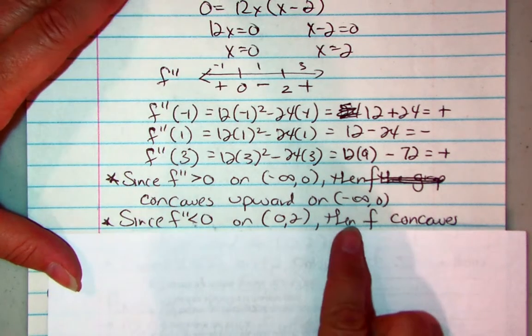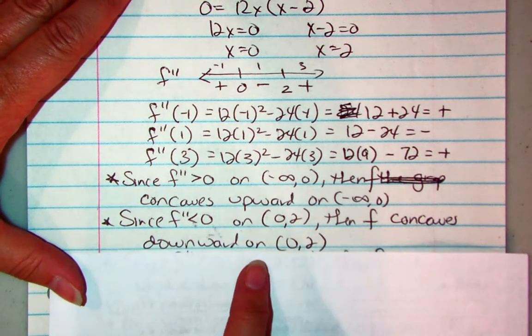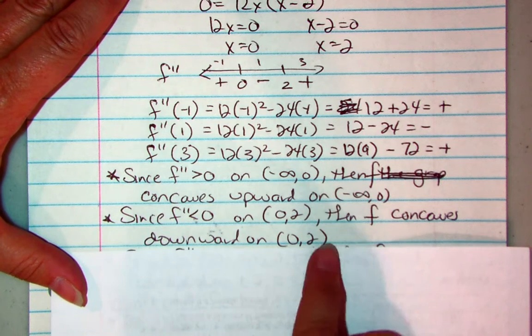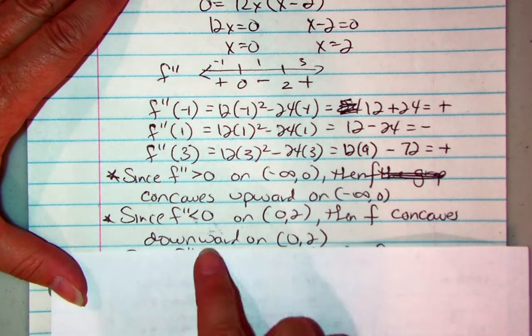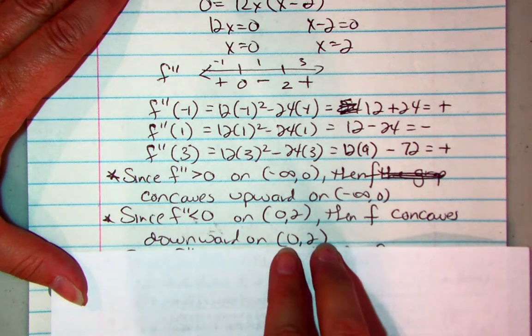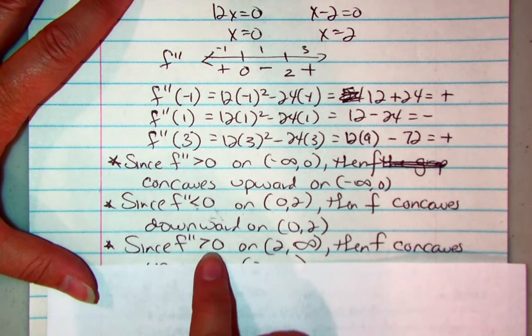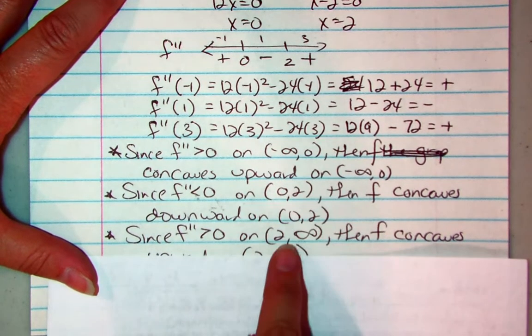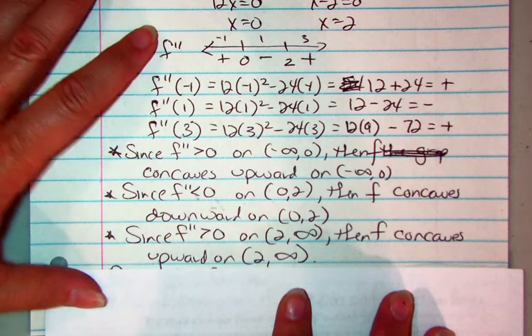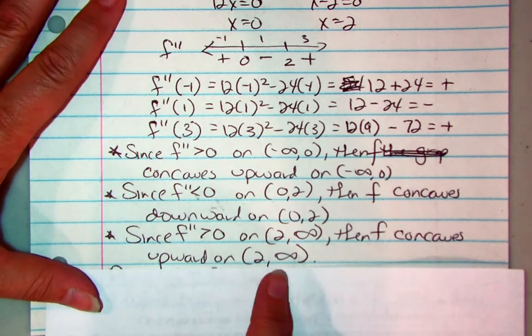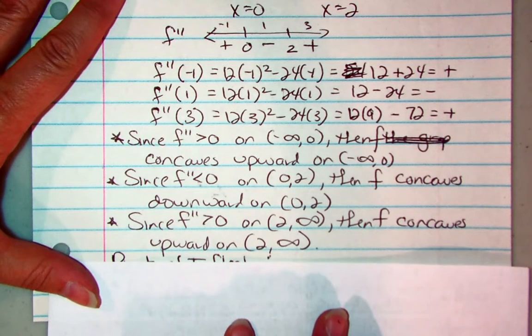Then f concaves downward on this same interval. Since f double prime is positive, where? On what interval? From 2 to infinity, then f concaves upward from 2 to positive infinity.